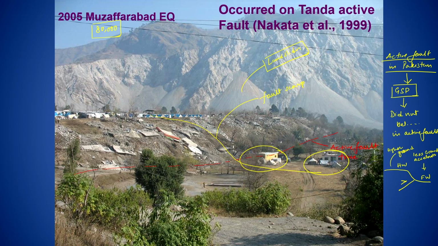But what you see on the hanging wall side or along the scarp, all these are the roofs of the houses which existed before the earthquake. Now the question is that suppose we take the elevation of this house, okay, maybe around say 3 meters or so, then the height of the scarp is much, much higher.